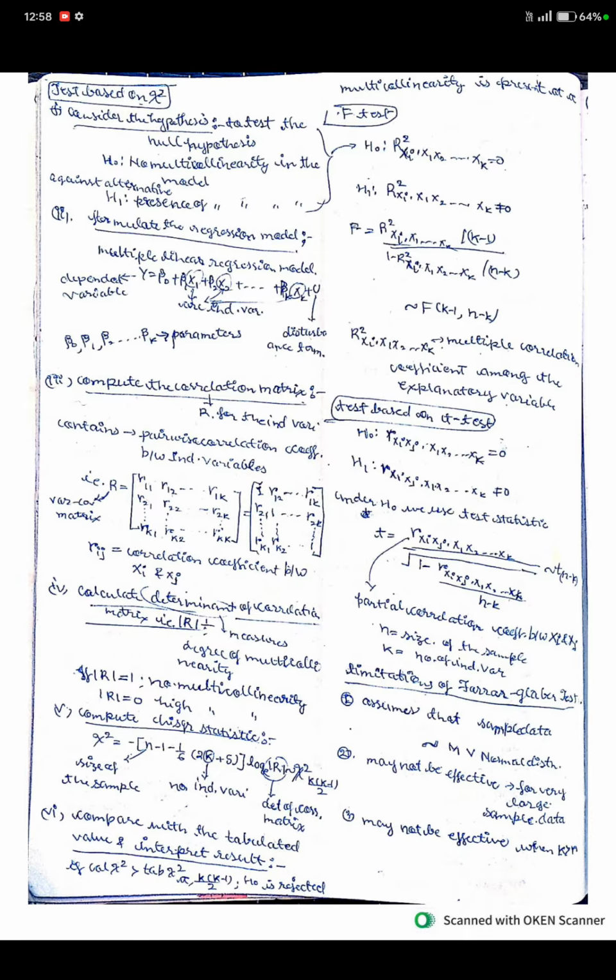R equals the matrix with first row r11, r12 and so on r1k, second row r21, r22 and so on r2k, kth row rk1, rk2 and so on rkk, which equals first row 1, r12 and so on r1k, second row r21, 1 and so on r2k, kth row rk1, rk2 and so on 1. Rij equals the correlation coefficient between xi and xj.